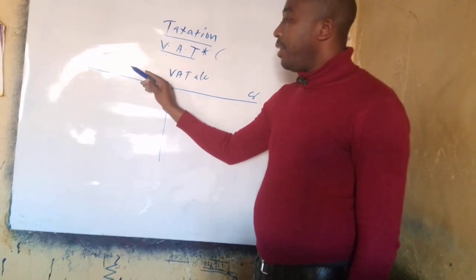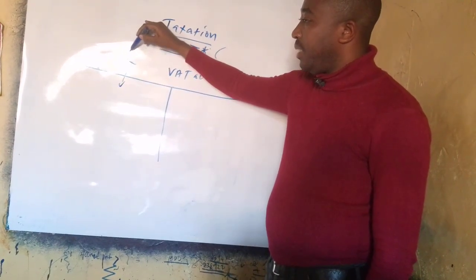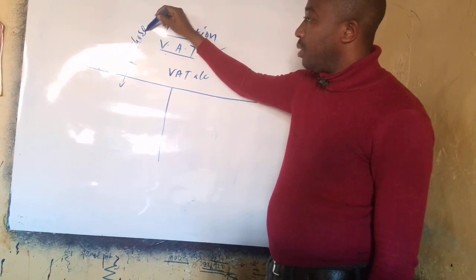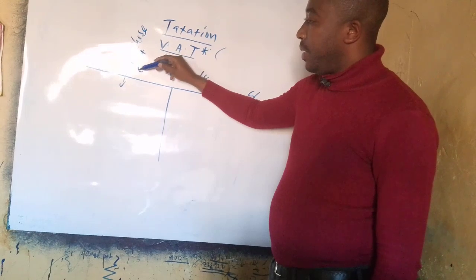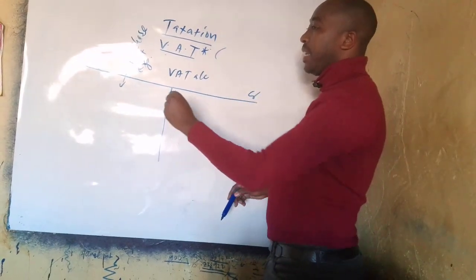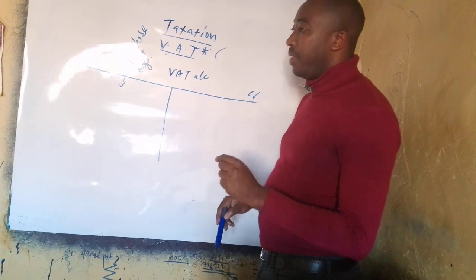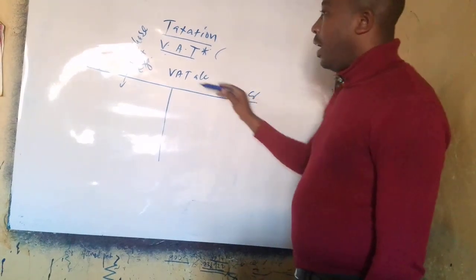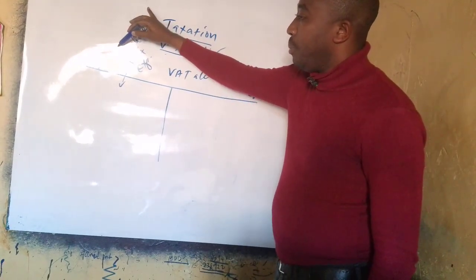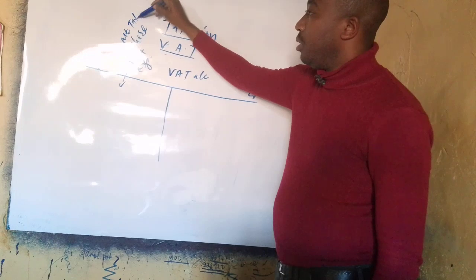So on this side, we record anything to do with purchases and expenses. Increase in purchases and expenses we debit. This side will give us what we call input tax.